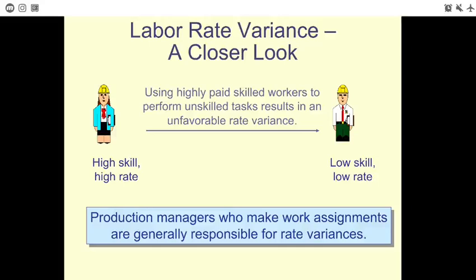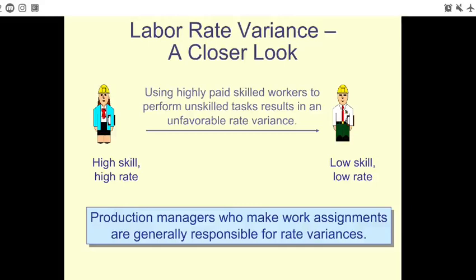So who is the person that is responsible for the labor rate variance? Most of the time the production manager, because the production manager assigns workers.